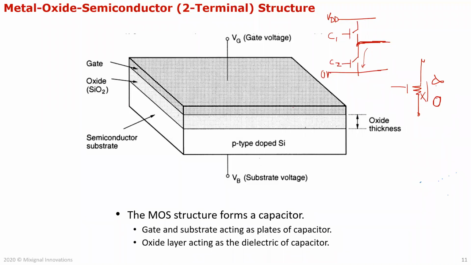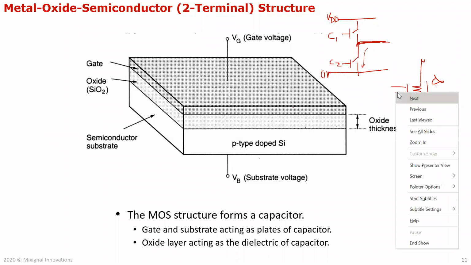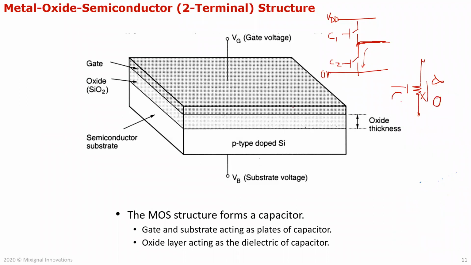Okay, that's really what we are trying to build. A device where we have a control terminal which is controlling the resistance between two other terminals, not the same terminal. I don't want anything to happen to this terminal. So you have a control terminal, you're trying to control the current through this terminal T1 to T2. That's essentially what you're trying to build.